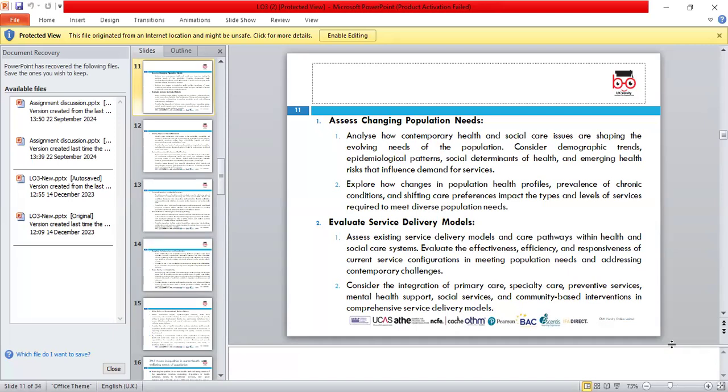Evaluate the effectiveness, efficiency, and responsiveness of current service operations in meeting population needs and addressing contemporary challenges. Consider the integration of primary care, specialty care, preventive services, mental health support, social services, and community-based interventions in comprehensive service delivery methods.